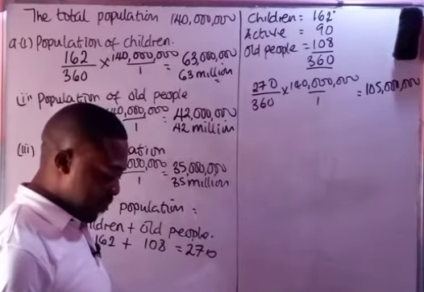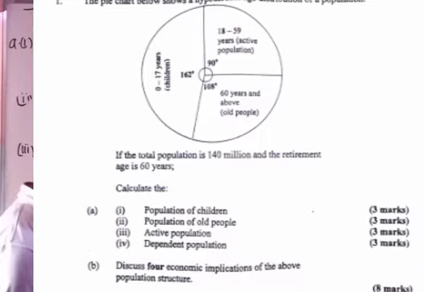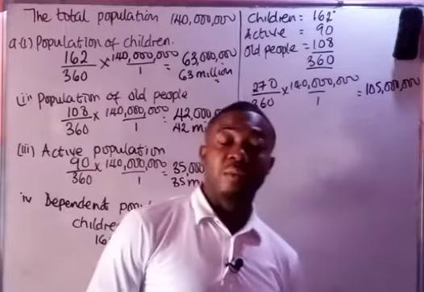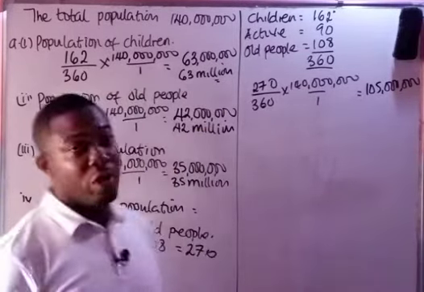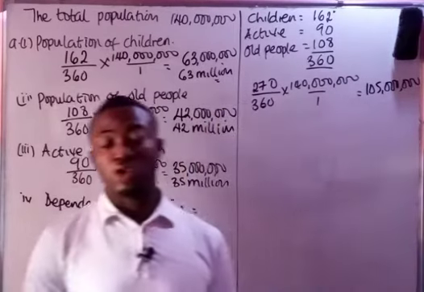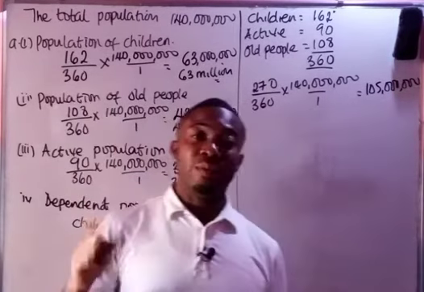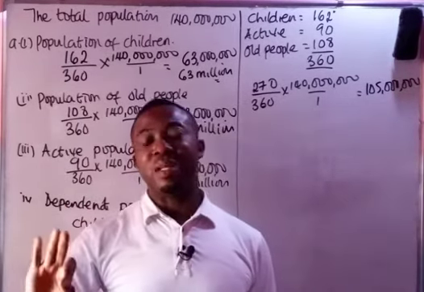Now they say B, discuss 4 economic implications of the above population structure. Okay, discuss the economic implication of the above population structure. Now, in the above population structure, we've seen that the dependent population is higher than the independent population.